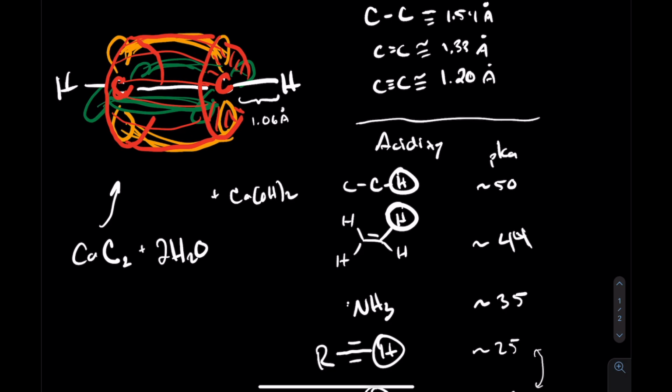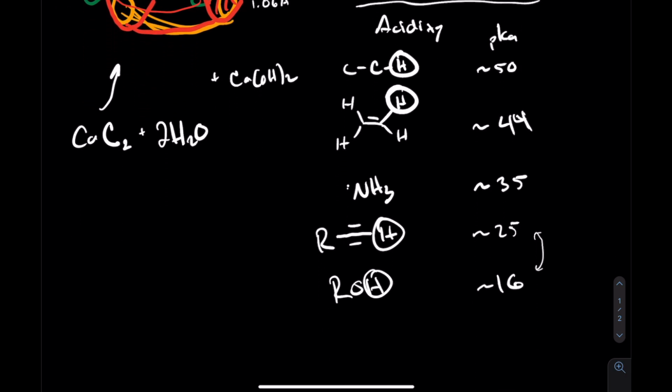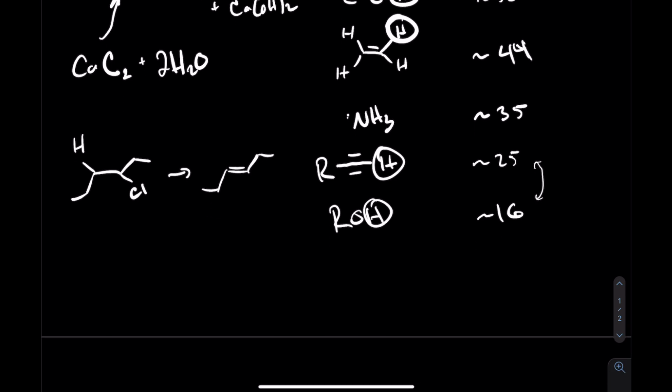Now you'll probably remember that you can make a double bond by doing an elimination. If you started off with something that had a chloride here and you added a base, you could make a double bond. But you can also do the same thing if you have a chloride here and a chloride here.